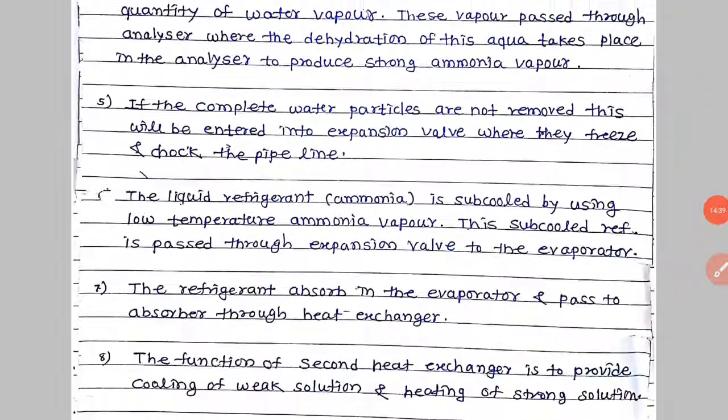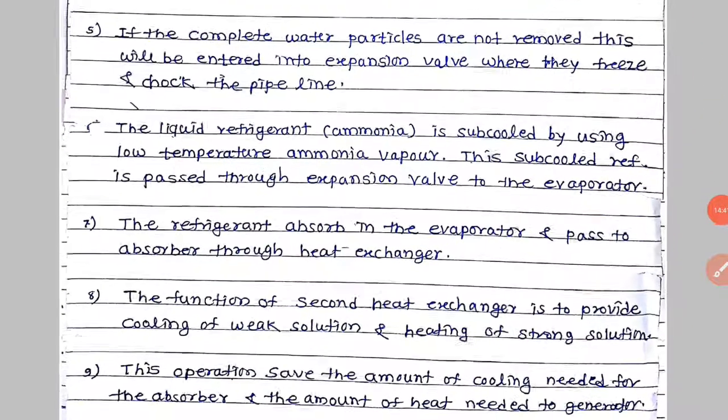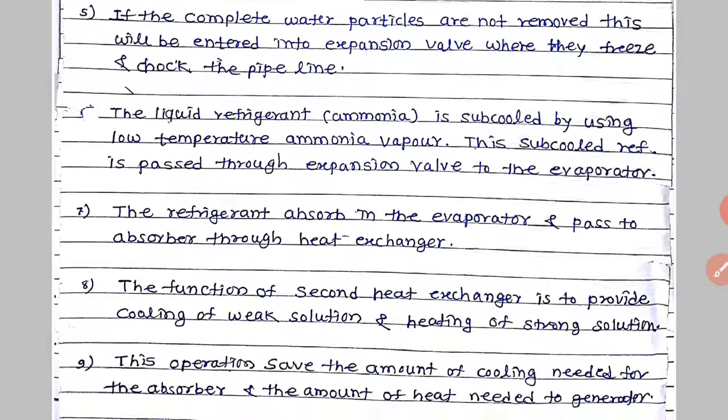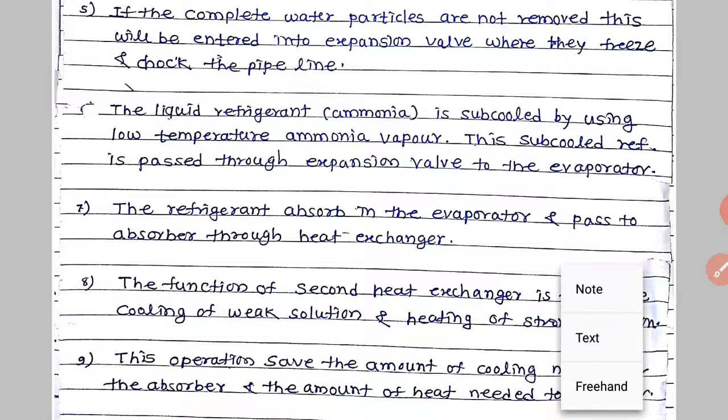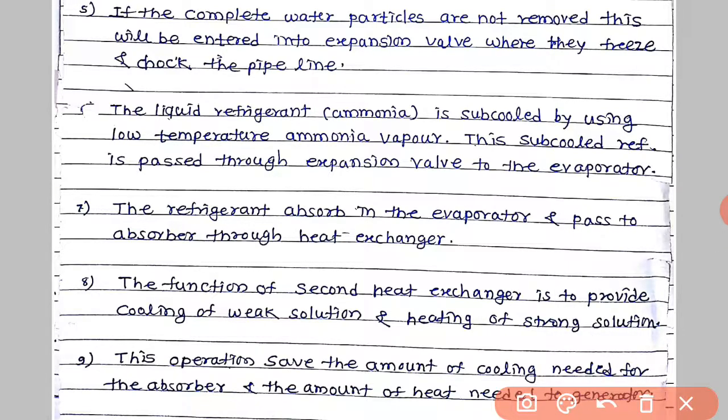If the water particles are not completely removed, they will enter the expansion valve, where they will freeze and choke the pipeline. So it is an undesirable effect. What we have to do is use the analyzer and remove the water vapors present in the ammonia vapors.